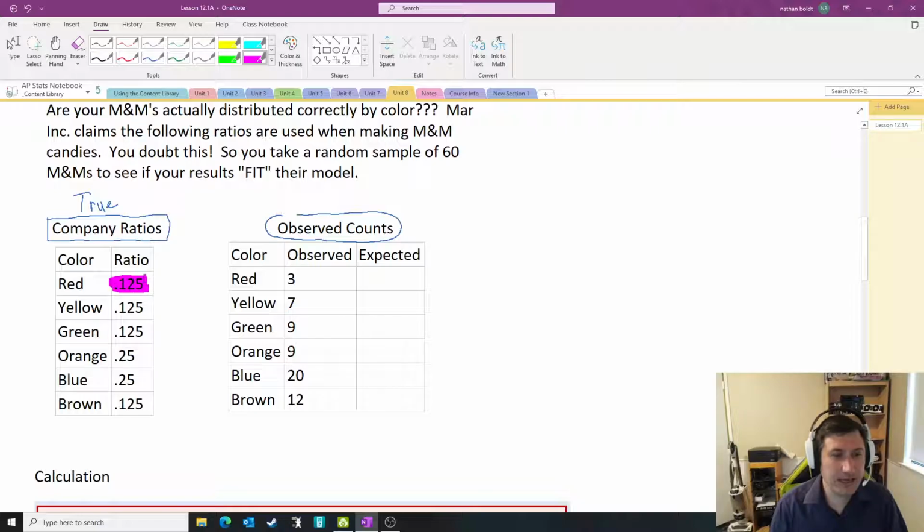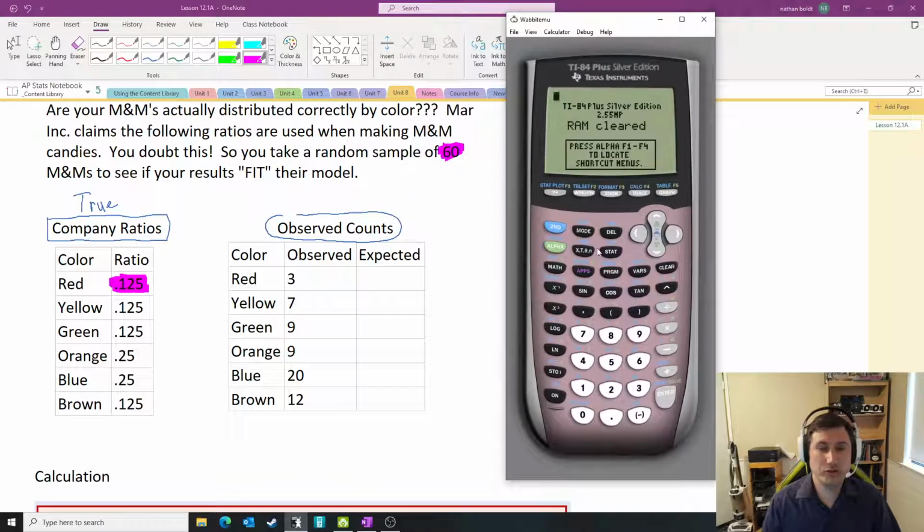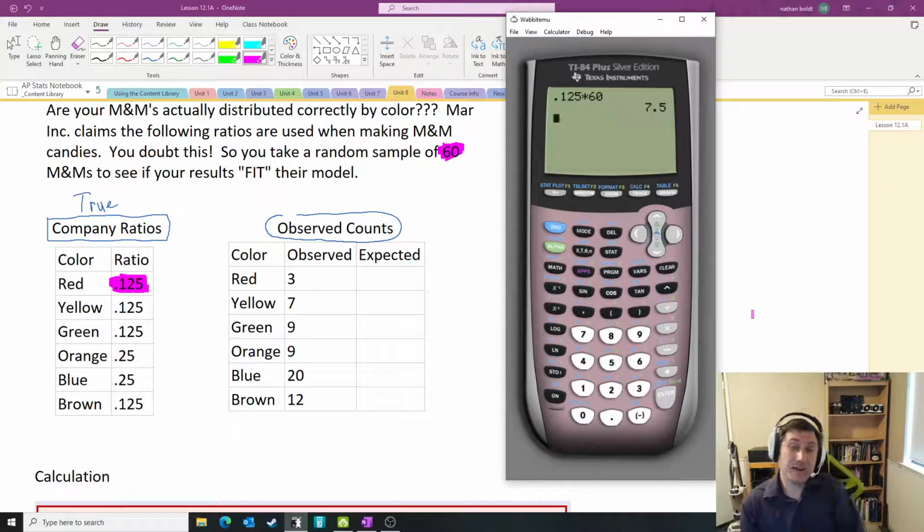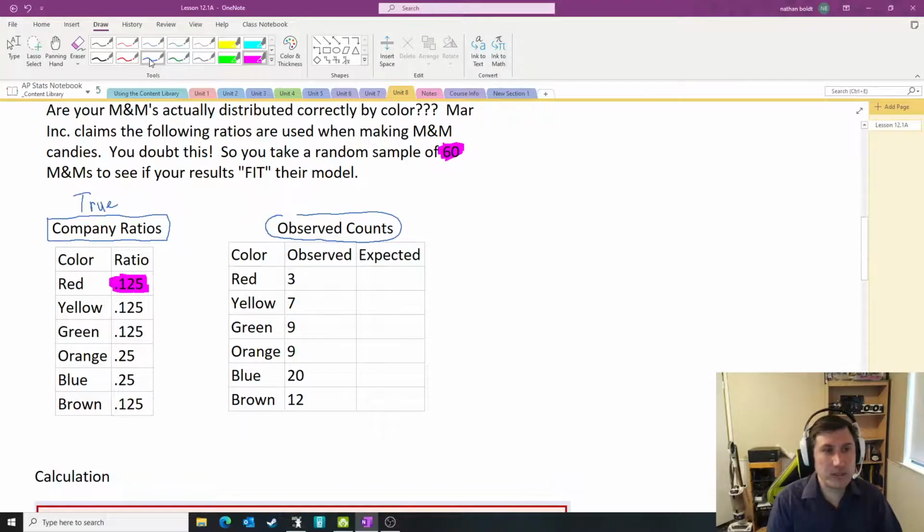If 12.5% were red, and we took a sample of 60, what's 12.5% of 60? So our expected value would be 7.5. So we would expect in a sample of 60 to have 7.5 reds.